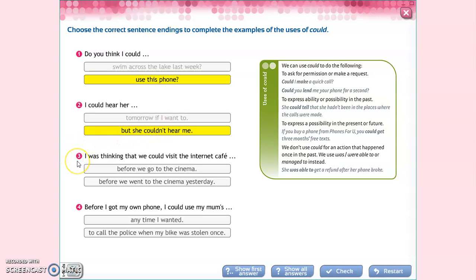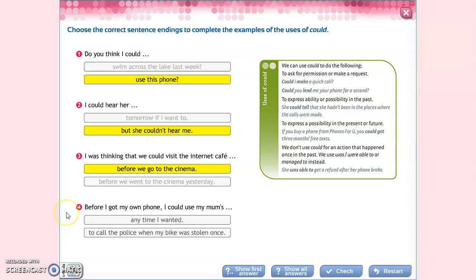Number 3, I was thinking that we could visit the internet cafe before we go to the cinema or before we went to the cinema yesterday. No, I was not referring to yesterday. I am referring to today. So this is the correct answer.